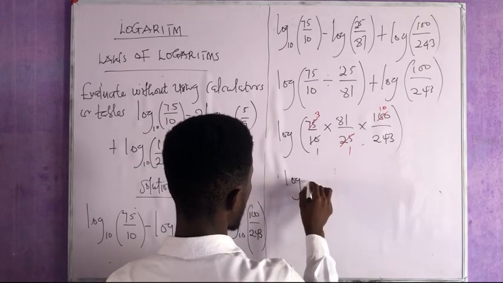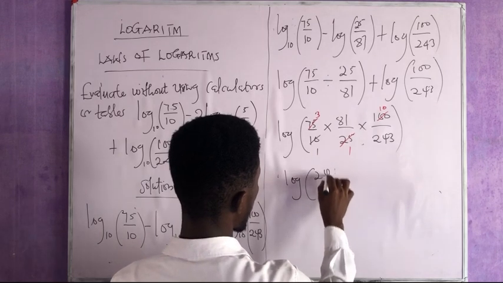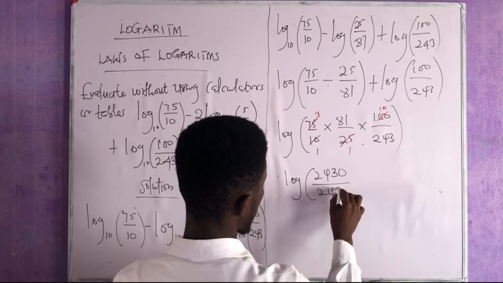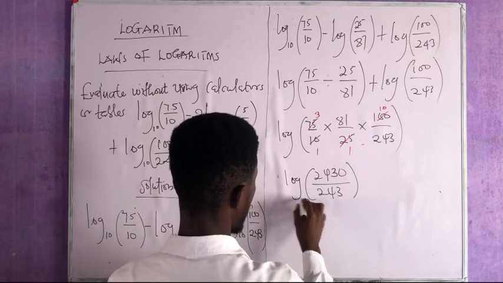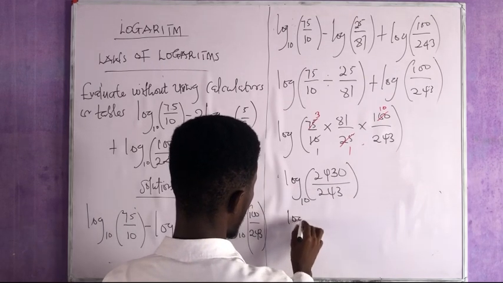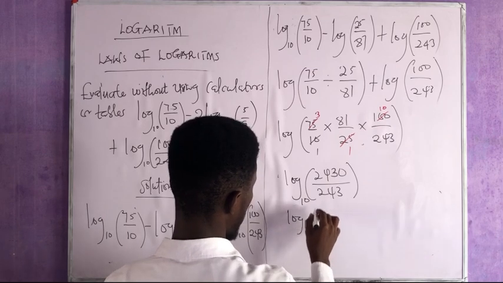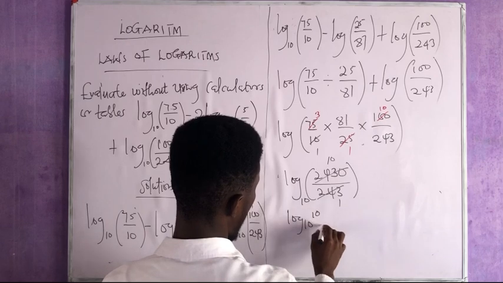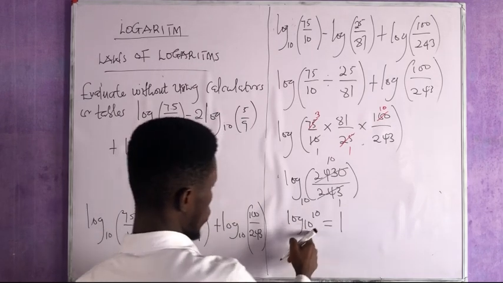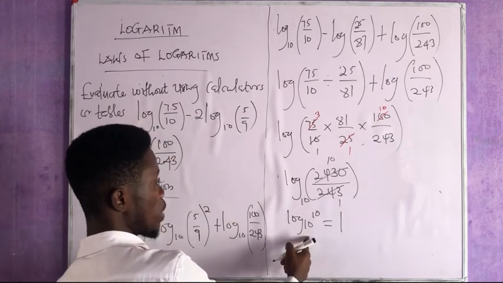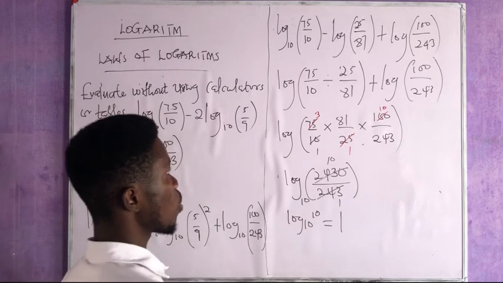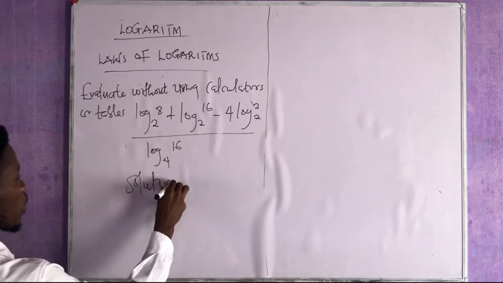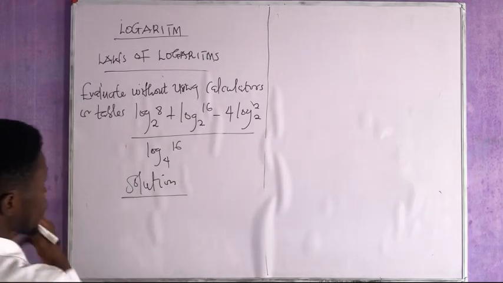Log 2430 over 243. Remember this is base 10, and this will definitely give you this. 243 goes here 1, and goes here 10 times, and this is what? 1, because the power and the base are the same, so log of something like that will give you 1. Alright, so let's look at our final or last example.